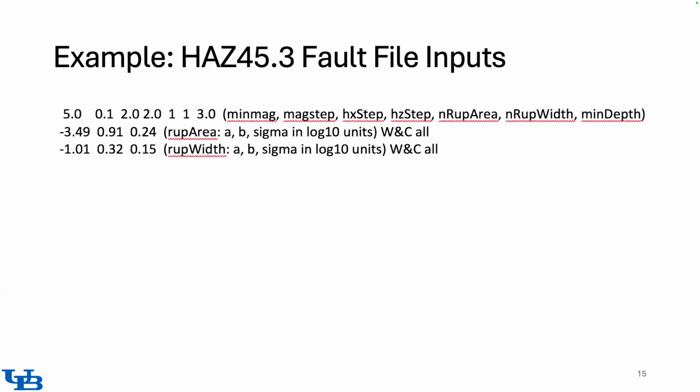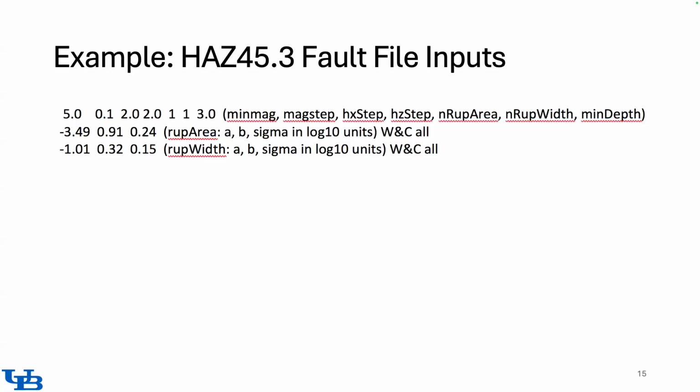And then last, you will define the mean magnitude from which you will do the integration for all the possible magnitudes, how finally you will discretize the magnitude, the stepping size along strike and along the vertical direction, and then how many realizations, how many samples you will create to generate the rupture area associated with its magnitude, and the width associated with its magnitude.